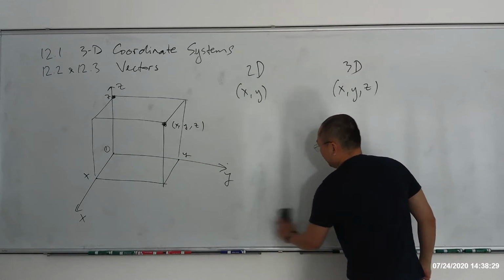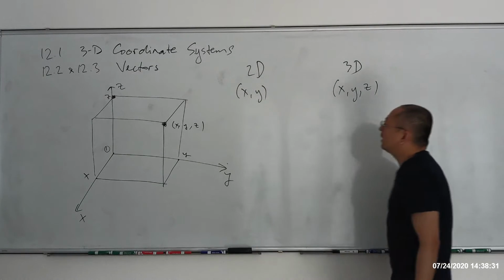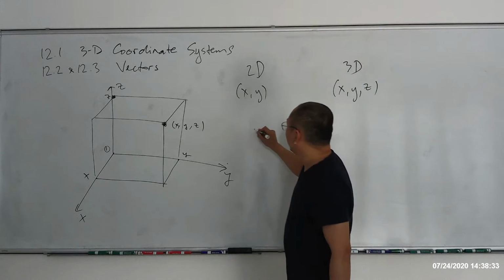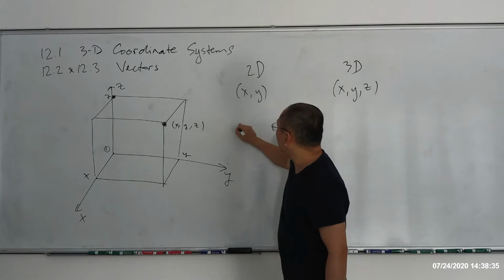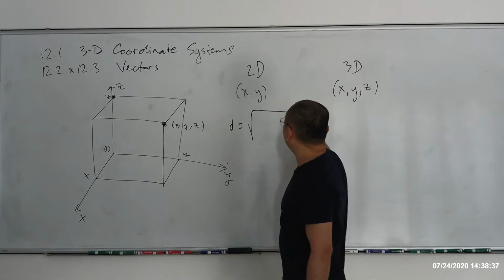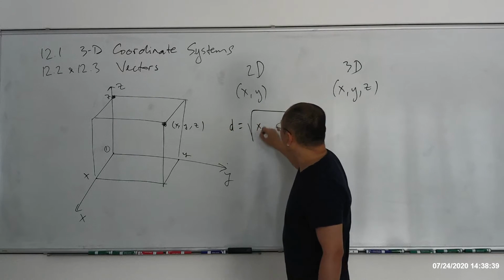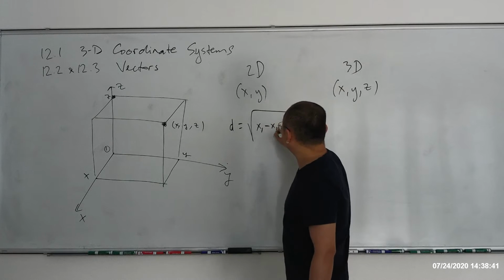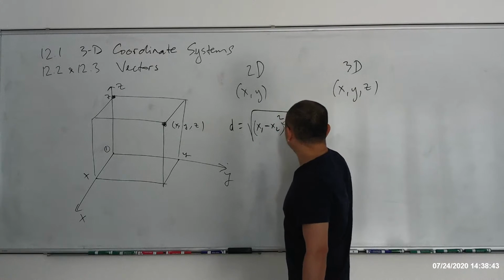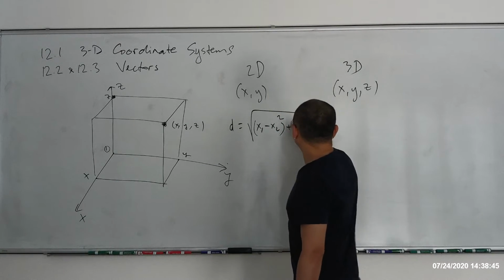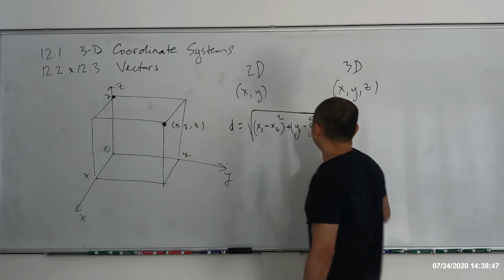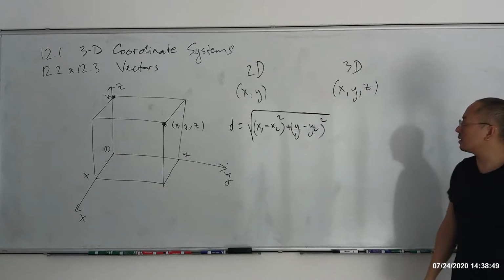Let's see something similar. How about distance? Say you have two points. Then the distance formula in 2D is what? Distance is going to be the square root of (x1 minus x2) squared plus (y1 minus y2) squared. You guys studied this in college algebra, I think.